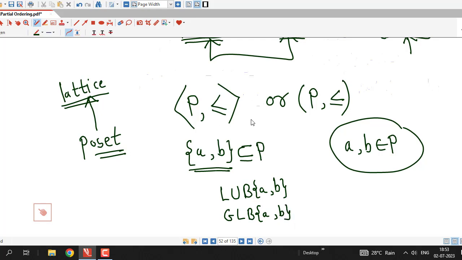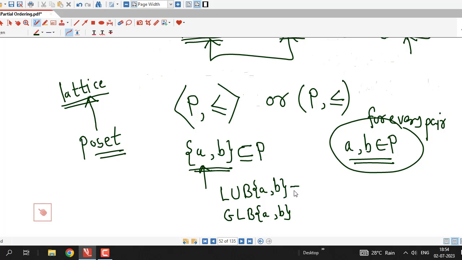So we can say that a partially ordered set P is called a lattice if for every pair of elements A, B in P, this subset has a least upper bound as well as a greatest lower bound in P.